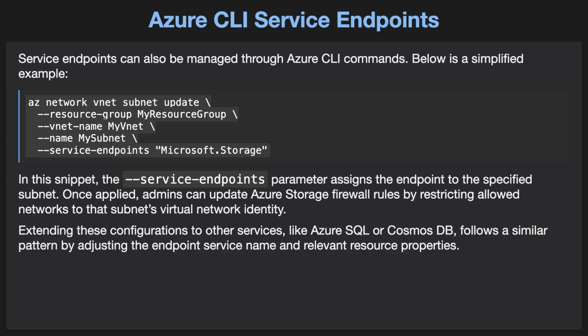Once applied, admins can update Azure Storage firewall rules by restricting allowed networks to that subnet's virtual network identity. Extending these configurations to other services, like Azure SQL or Cosmos DB, follows a similar pattern by adjusting the endpoint service name and relevant resource properties.